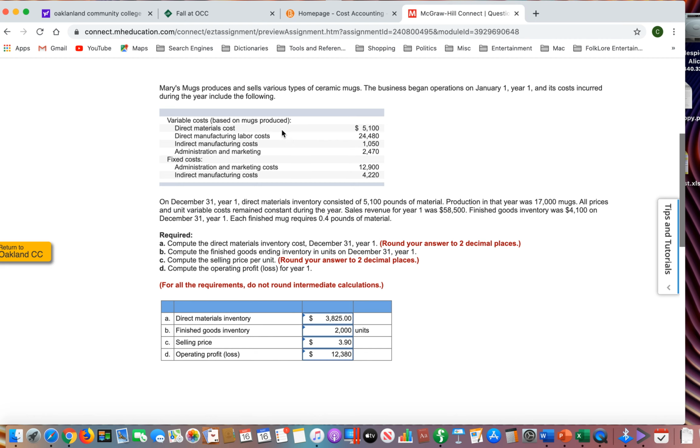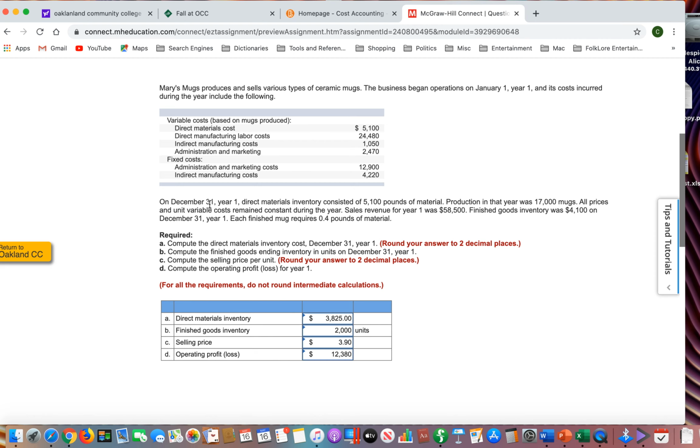This is your direct material cost at the beginning of the year. Costs incurred during the year was this, $5,100 in material. Direct labor costs, indirect manufacturing costs, which is overhead, and administrative and marketing. Okay, then you've got your fixed portion here.